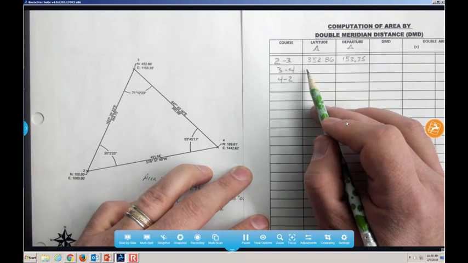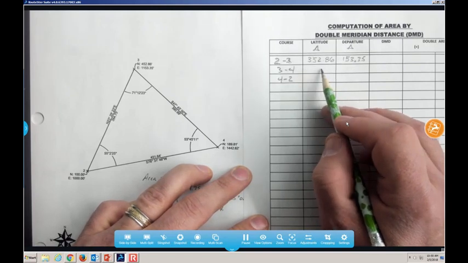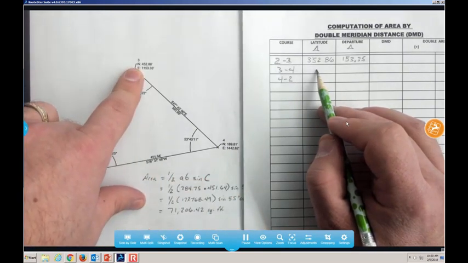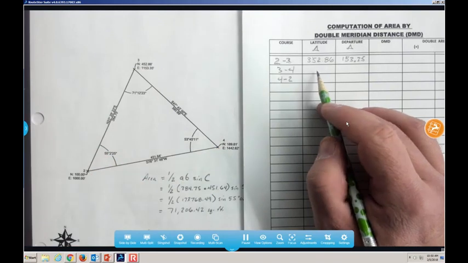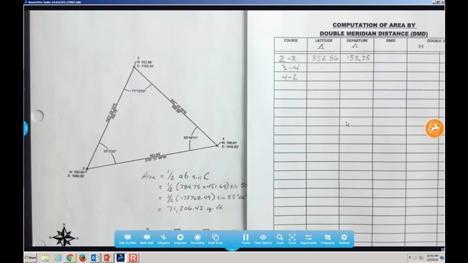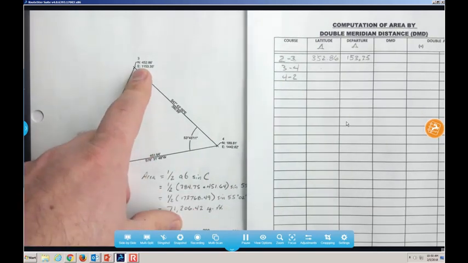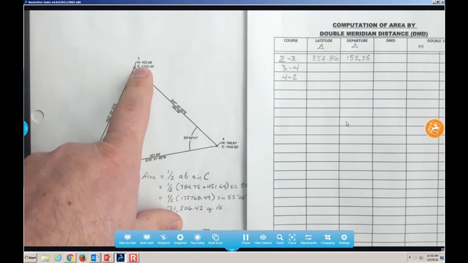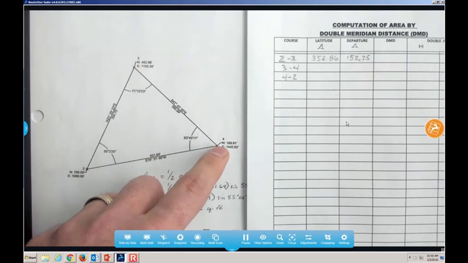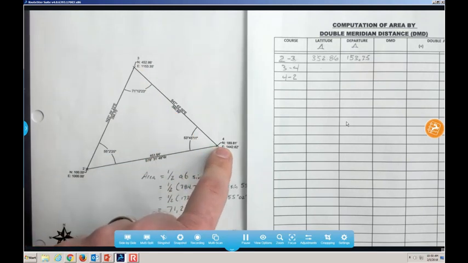Now we're going to come down and figure out what the change in latitude and departure is from 3 to 4. Can someone tell me what the change in latitude is from 3 to 4? The northing at 3 is 452.86, and the northing at 4 is 189.81.